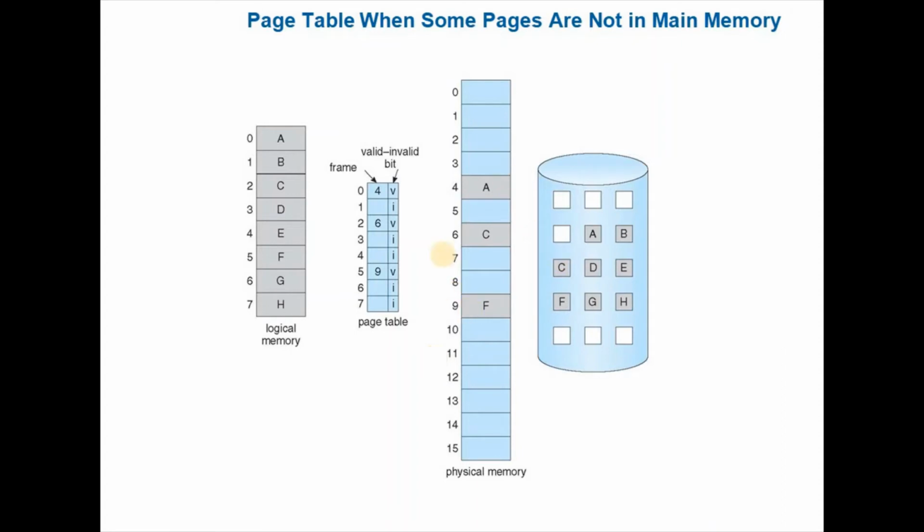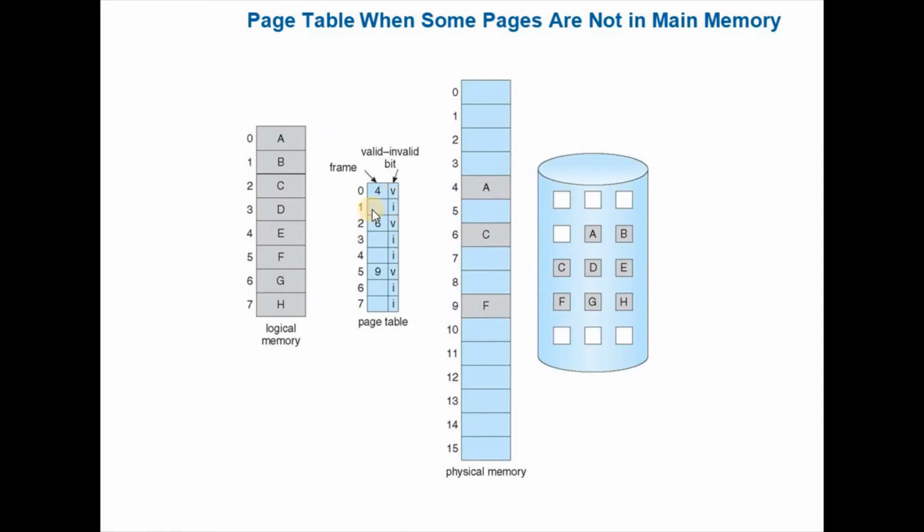Page table when some pages are not in main memory: here we can see a page table, and page 1 is not in memory; 3, 4, 6 and 7 are not in memory, so we need to copy them. We can see A, C and F here, but B's corresponding entry should be here, and it is not in the primary memory, so it is an invalid reference.